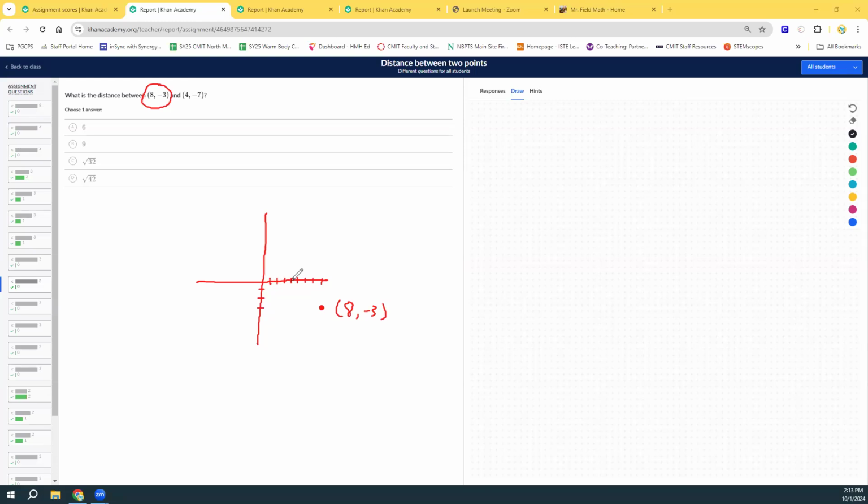1, 2, 3, 4, and down 7. 1, 2, 3, 4, 5, 6, 7. Okay, that's not the best, but it is what it is.